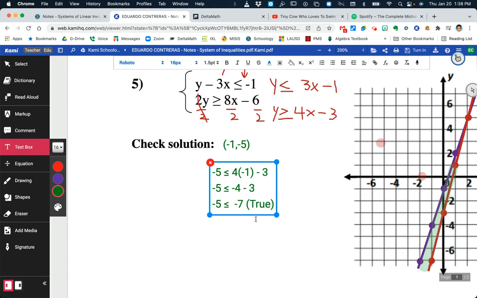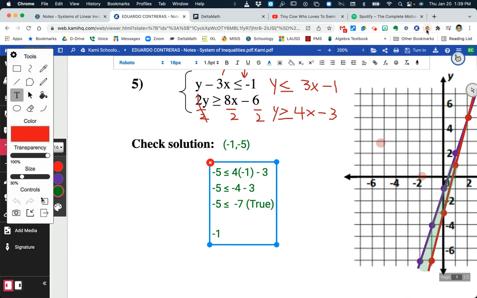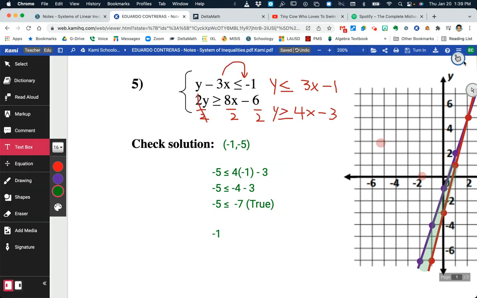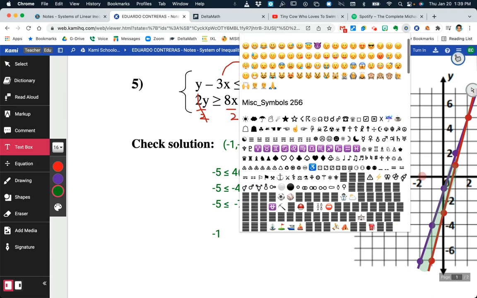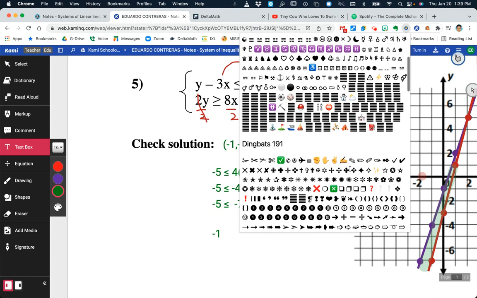And if we try our other one, -1, go back to our tool. Oh, wrong tool.